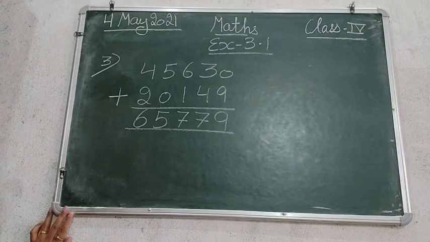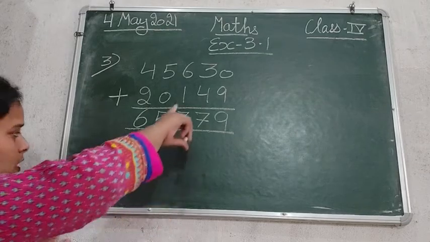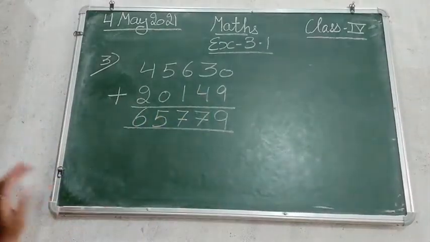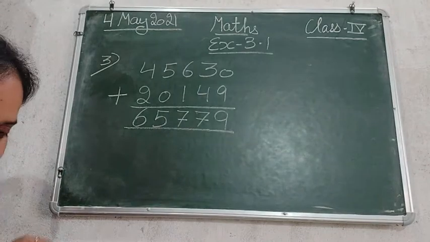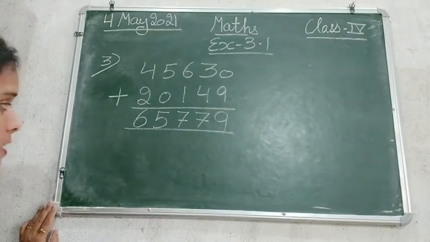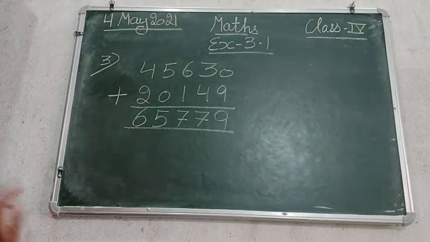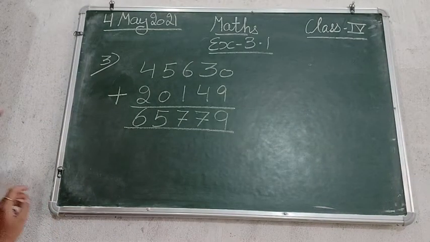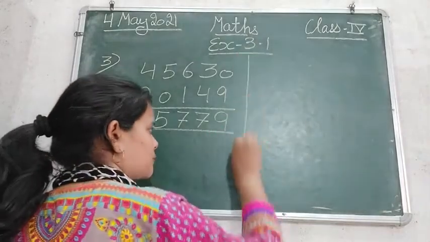After adding 45,630 with 20,149, the answer we got is 65,779. Clear? Chale. Moving next to the fourth one.